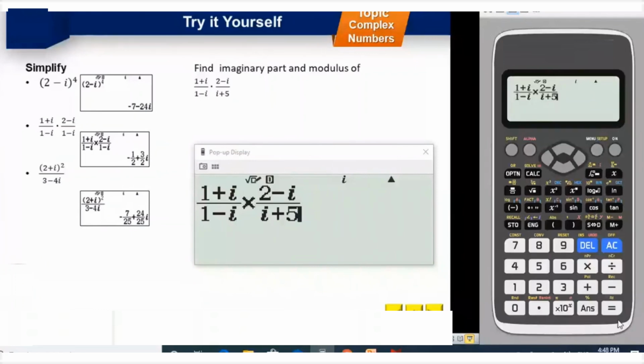And when I press equals to, I got 7 upon 26, which is the real part, 9 upon 26 iota. So the imaginary part is 9 upon 26.